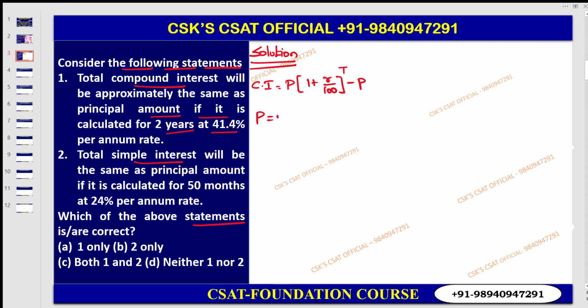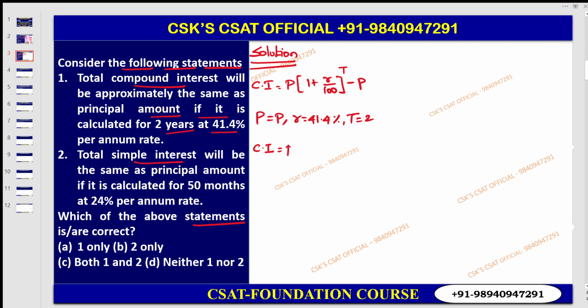Now, not knowing the principal, let us take the principal as P itself. We know the rate is 41.4 percent and the duration is 2 years. Let us check whether the compound interest is nothing but P, because the question says that at this rate and for this many years, the compound interest becomes the principal. So we have to get the compound interest as P. Let us see.